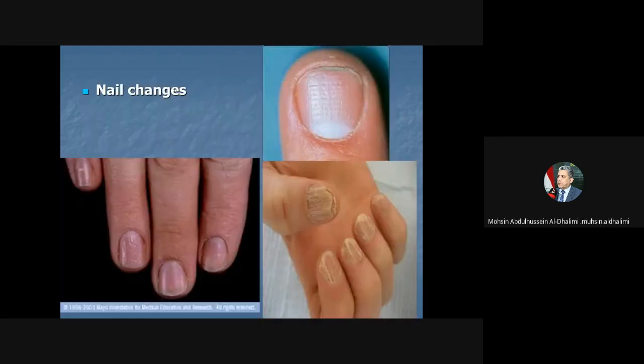Nail changes may occur in 10 to 20%. Why does the gray hair get pigmented in this condition?